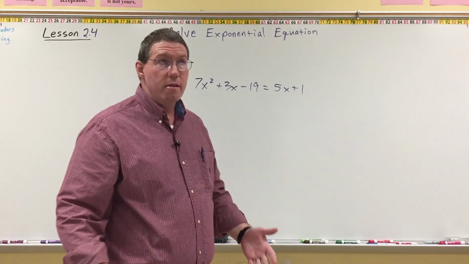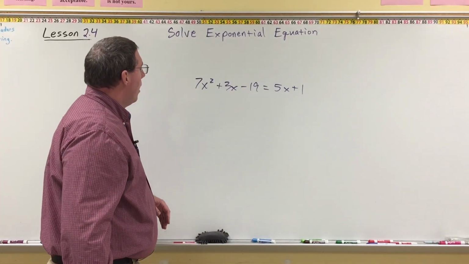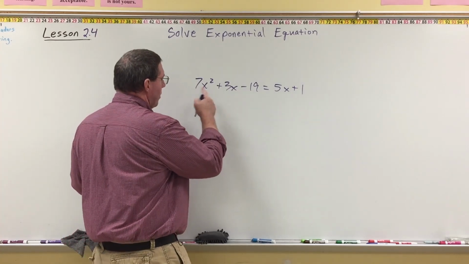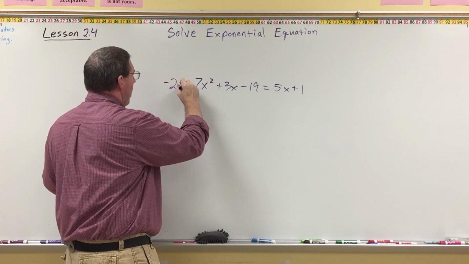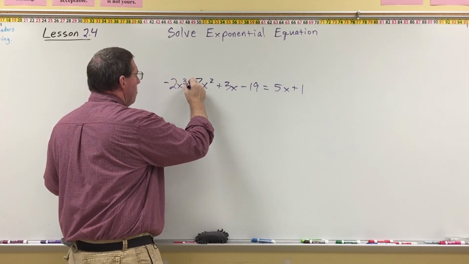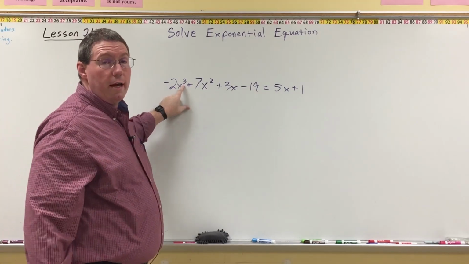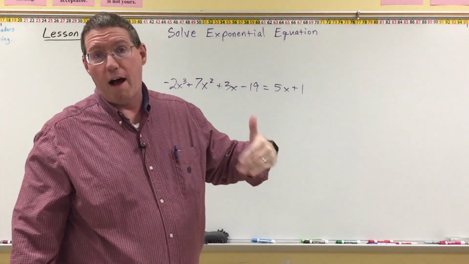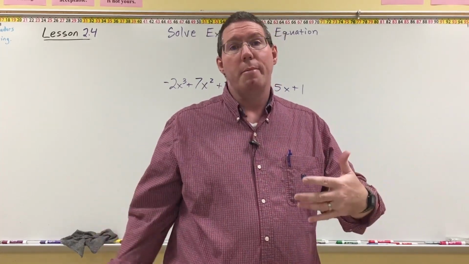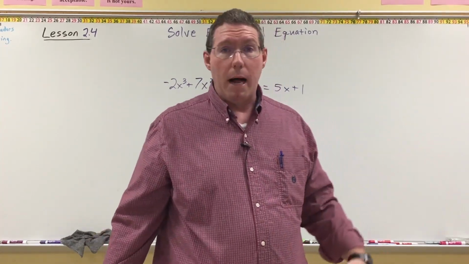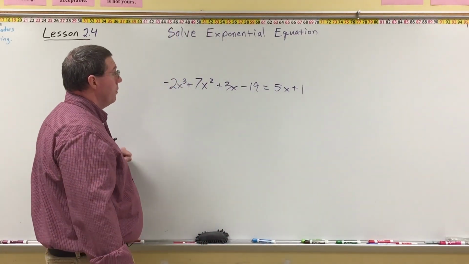We solved these a couple lessons ago, okay? And then we did something very similar. Let's say we have negative 2x cubed plus 7x squared. Now the highest power is 3. And when the highest power is 3, 4, 5, whatever, we call it a polynomial equation, generally speaking, or a higher degree polynomial equation.